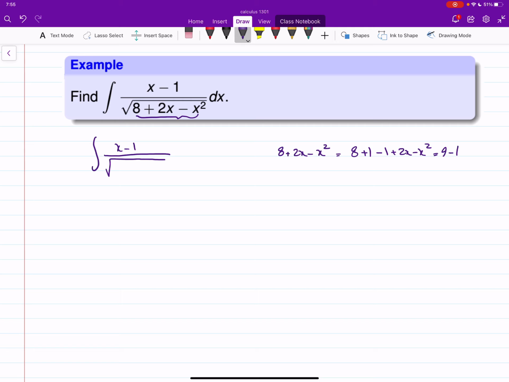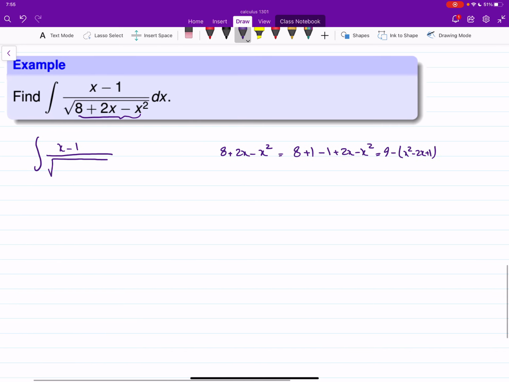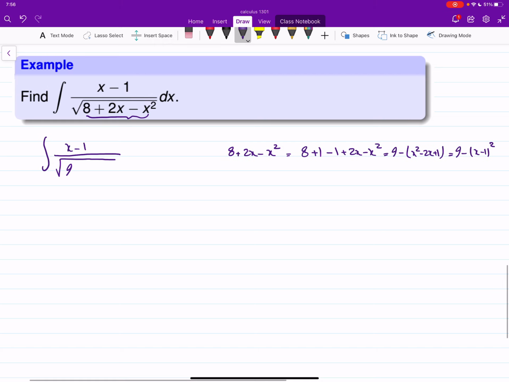If I factor out the minus 1, this will give me x squared minus 2x plus 1. And that's why it's called completing the square, because now I have 9 minus x minus 1 squared. So what we found here is root of 9 minus x minus 1 squared dx.